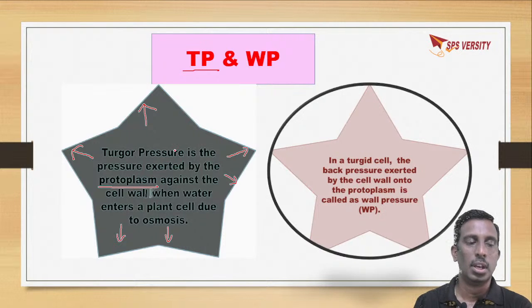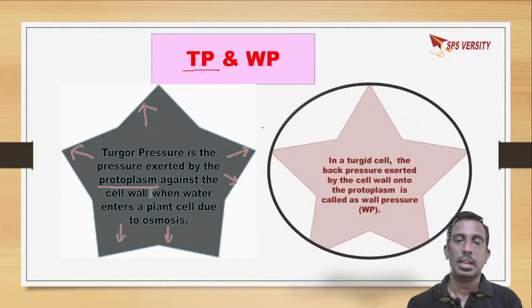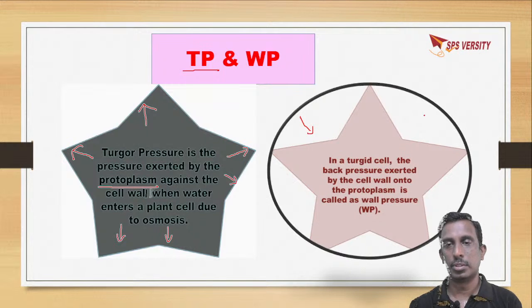The cell wall is a rigid structure, which exerts pressure again on the protoplasm in the opposite direction. This opposite pressure to turgor pressure is called wall pressure.